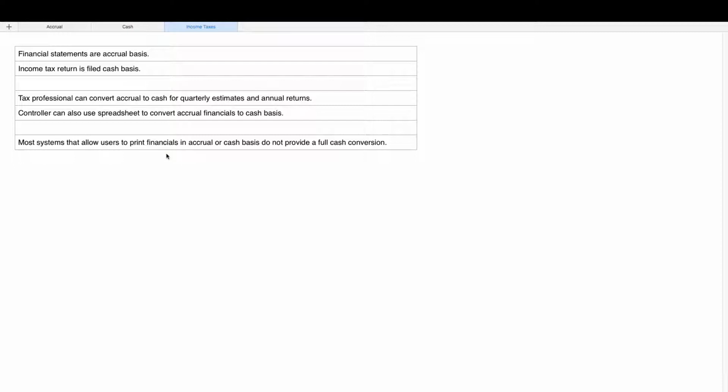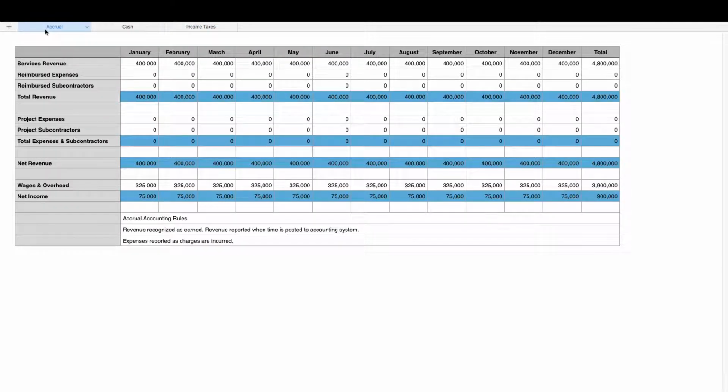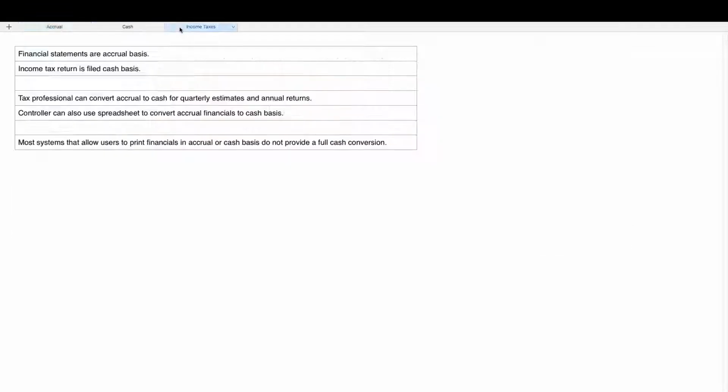And Azure also has some issues with getting a perfect cash basis income statement. We typically just run financials on pure accrual, and I'll rely on the tax professional to do the conversion on their side, or we will actually do that conversion within a spreadsheet because the accounting software isn't as precise as we would like to see.